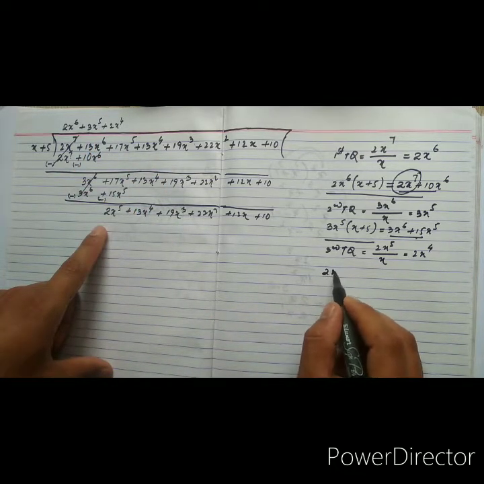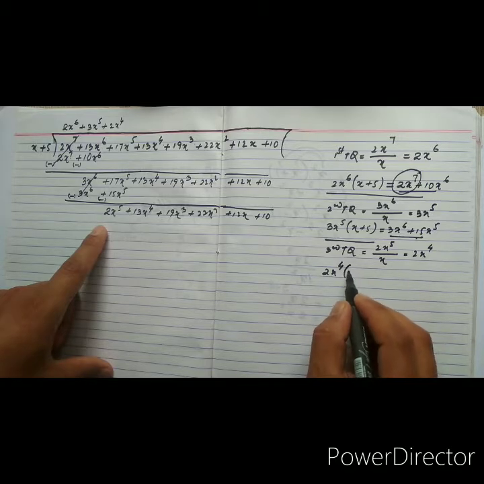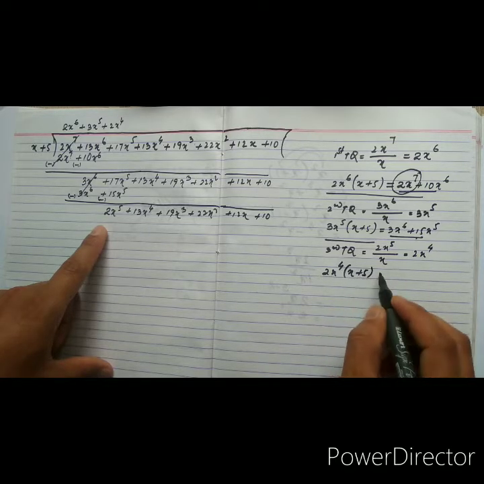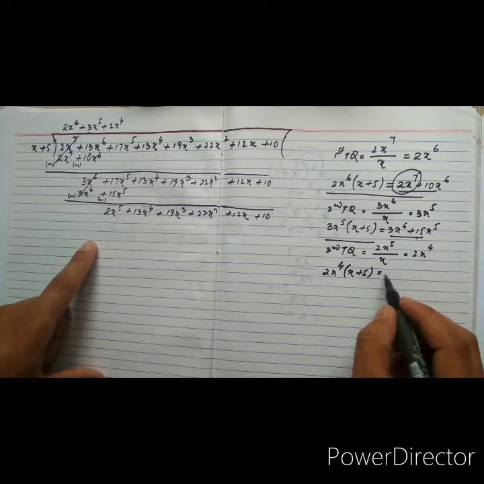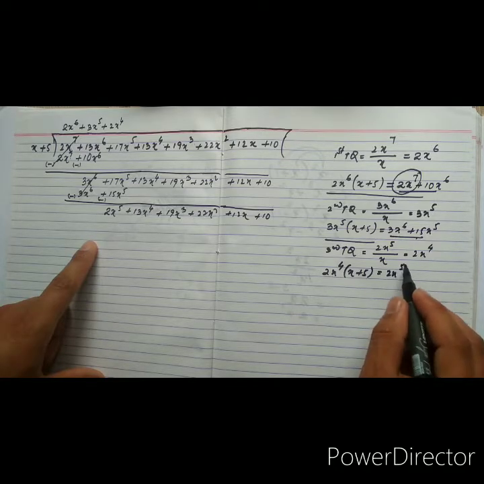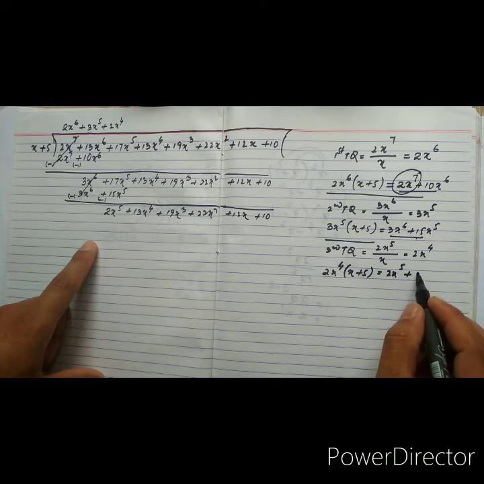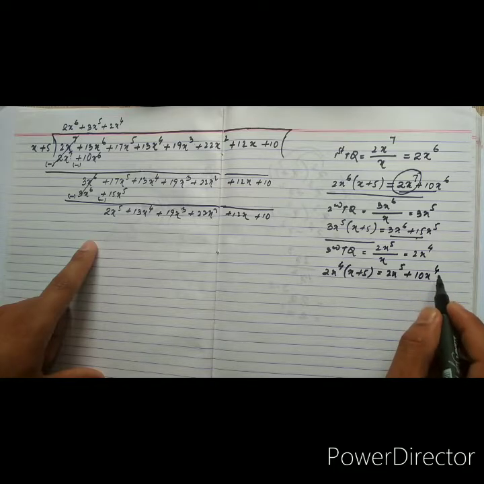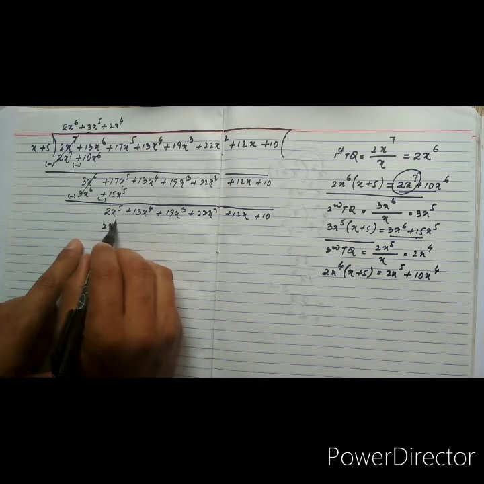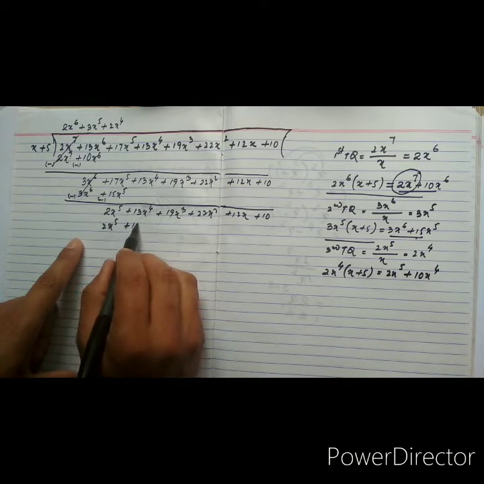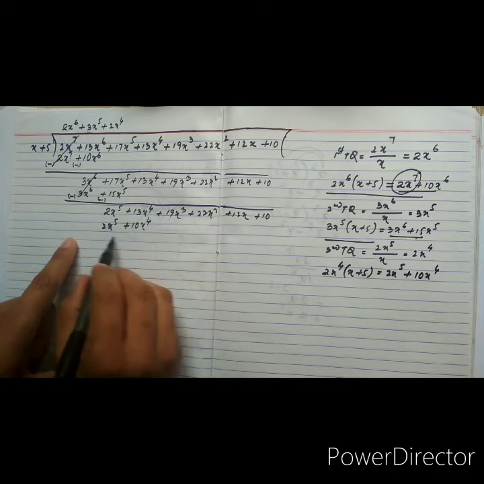Now 2x^4 will multiply with x plus 5, that means with the divisor. 2x^5 plus 10x^4, so 2x^5 plus 10x^4.